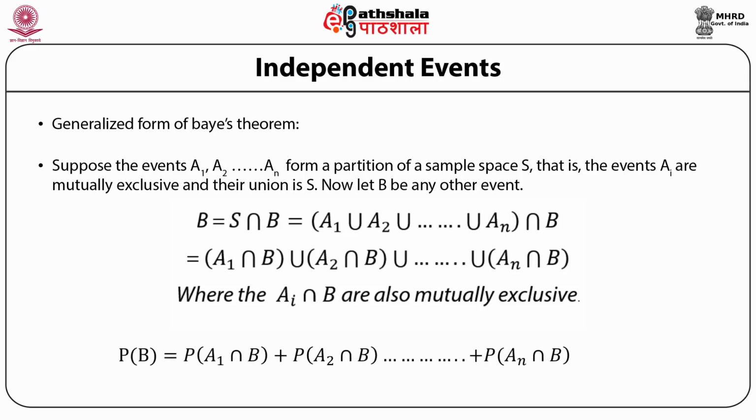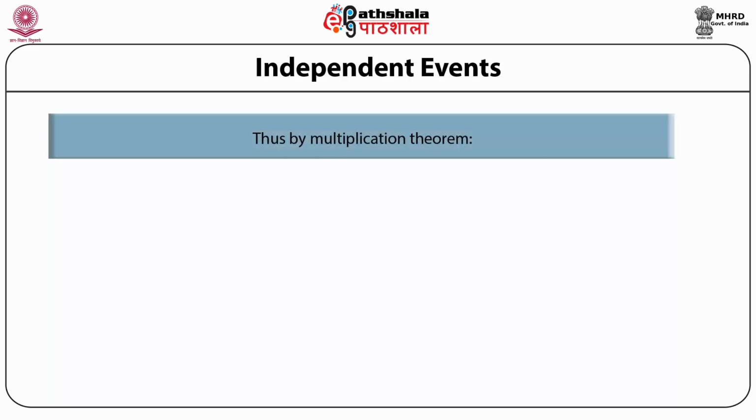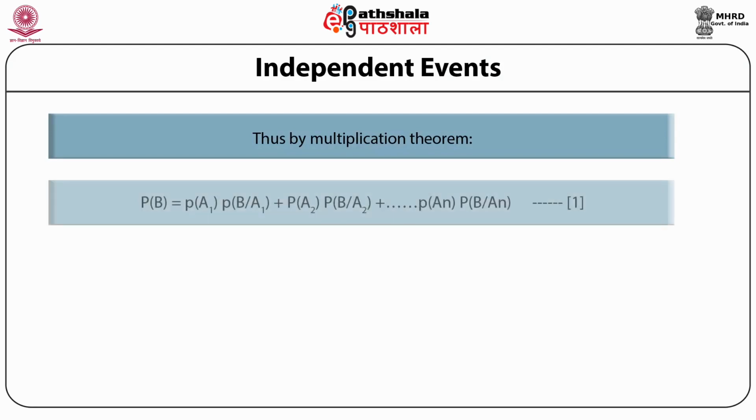Accordingly, the probability of B is equal to the probability of A1 intersection B plus the probability of A2 intersection B and so on. Thus, we now apply the multiplication theorem on this. So the probability of B can be written with, in place of the probability of A1 intersection B, the probability of A1 times the probability of B when A1 has already occurred, and so on up to n events.